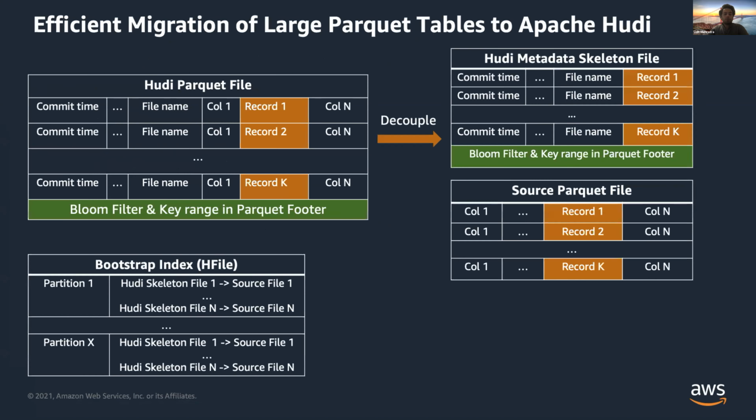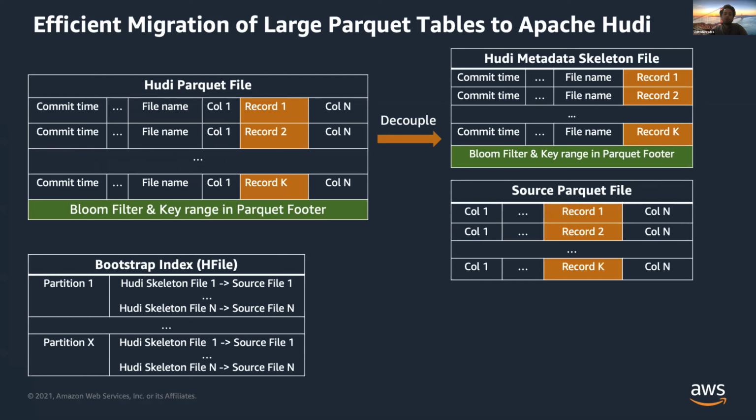So basically, we went ahead and introduced a more efficient one-time operation called the bootstrap operation that customers with such legacy data lakes can use. So essentially, the idea behind it was that we decouple the Hoodie metadata from the actual data.